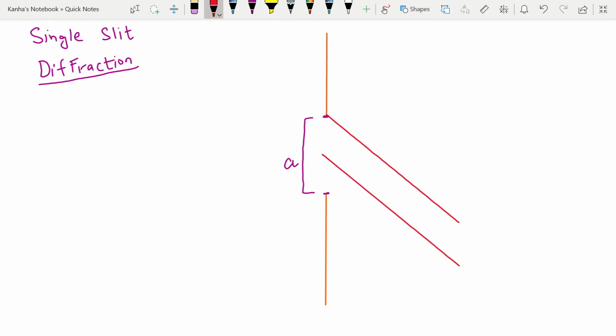Next, let's take a look at the single slit diffraction. So what you have is a single slit AB, and a plane wavefront arrives at AB.